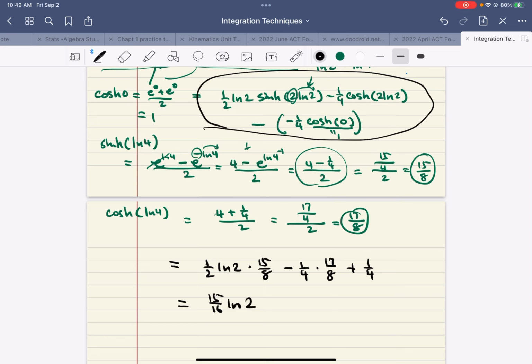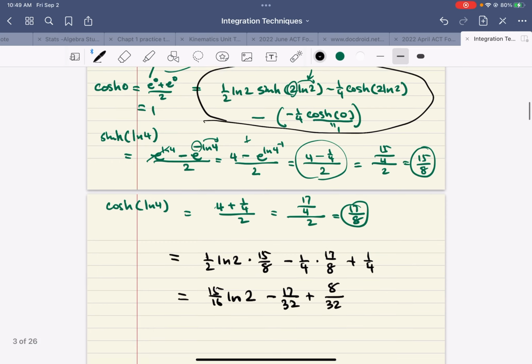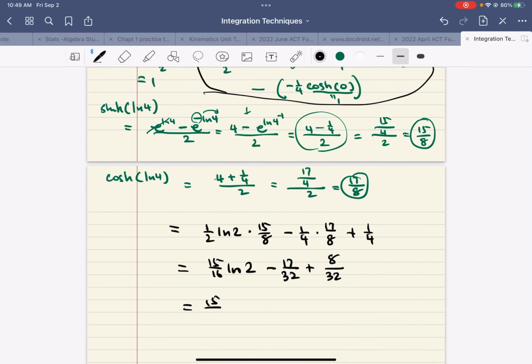And here minus 17 over 32 plus 4 means if you make it 32, 8 like that. So 15 over 16 ln 2 minus then 9 over 32, right? So that will be your final answer.